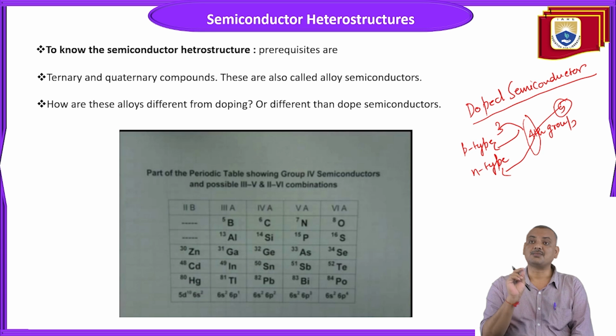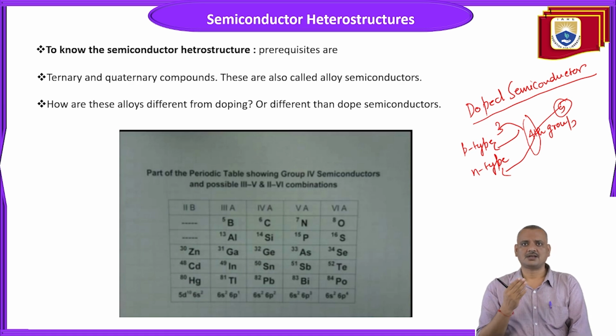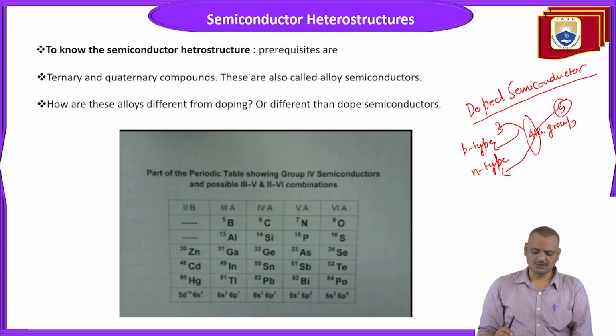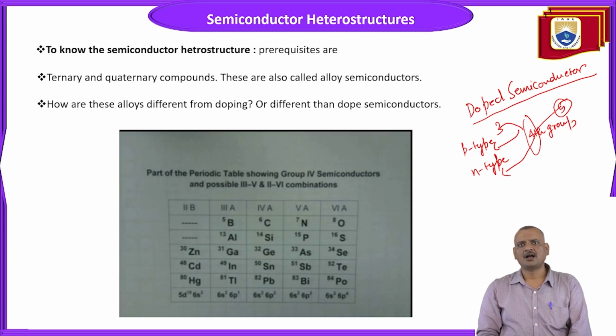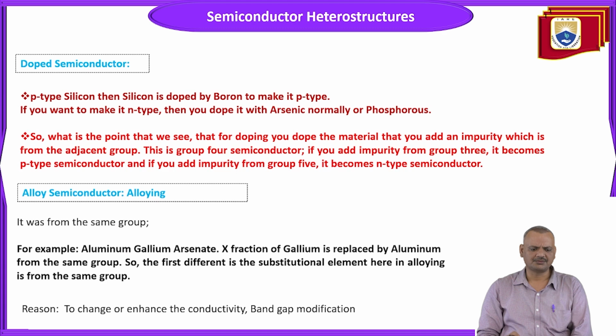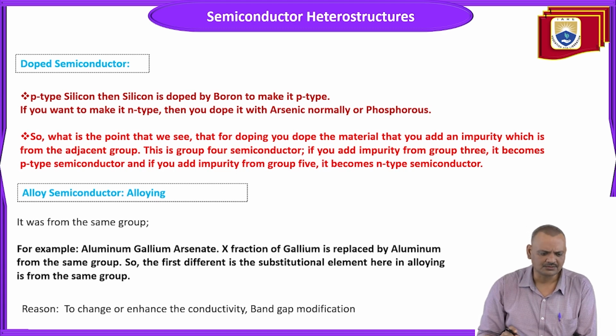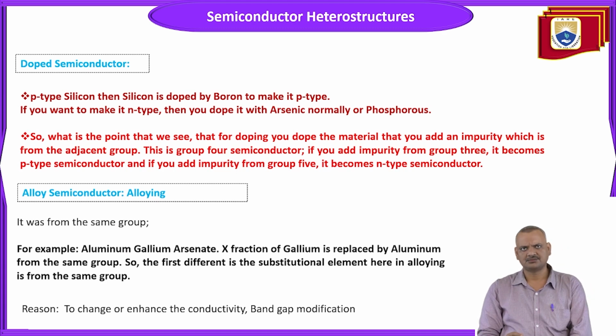So basically that is a binary semiconductor, for example gallium arsenide, if you add some third group element with a fourth group element. So what is a doped semiconductor?